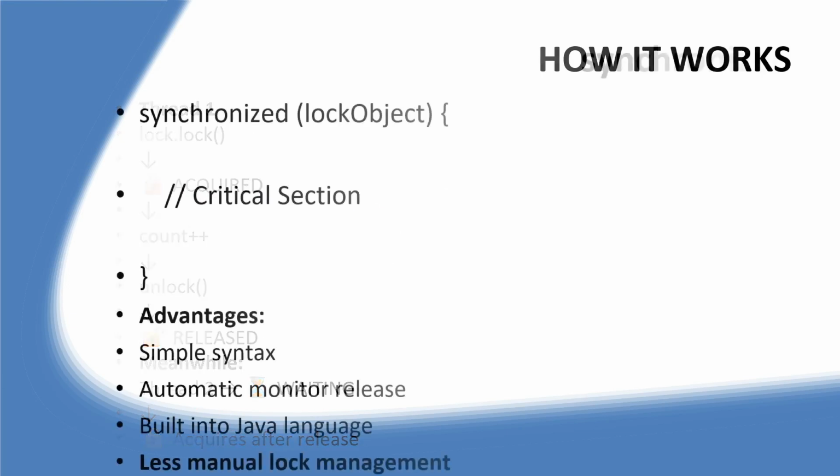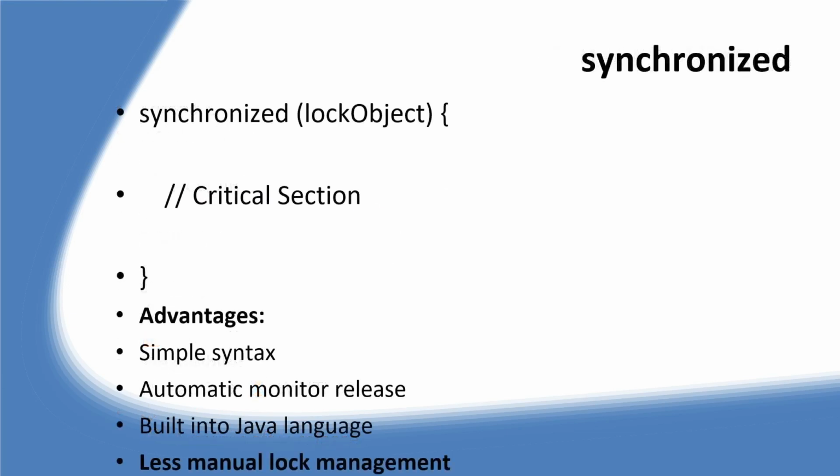So let's see. Synchronized is built directly into the Java language. It is simple to use. We define a synchronized method, or you can say block, and Java handles monitor acquisition and release automatically. When execution exits the synchronized curly brace block, the lock is released automatically.